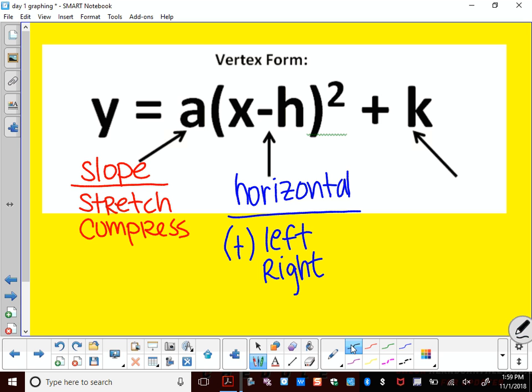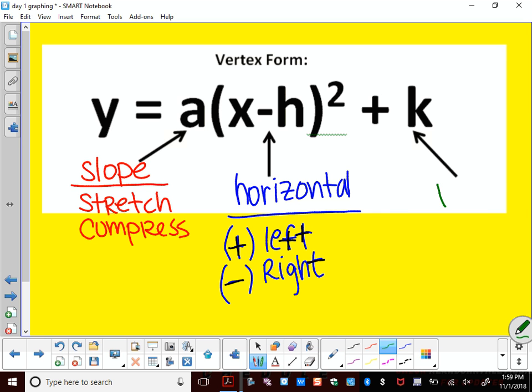I remember that because I see 2 plus signs in the word left. And if it goes right, it's a minus sign. I remember because I cross my t with the minus. So if it's plus, you go left. If it's minus, you go right.